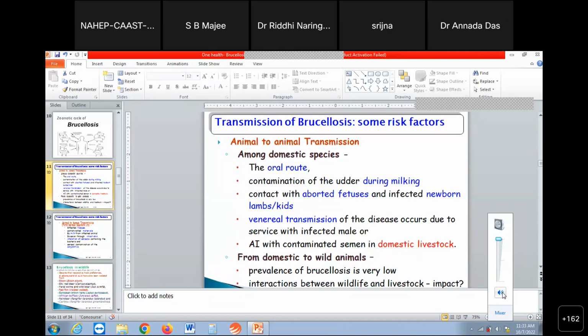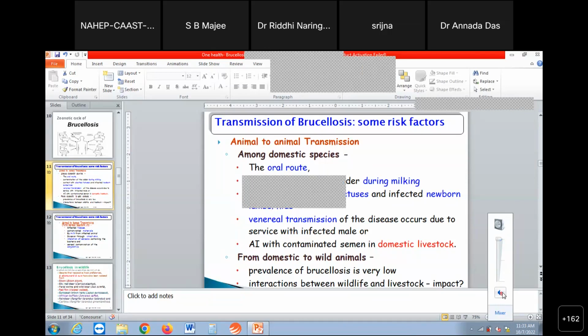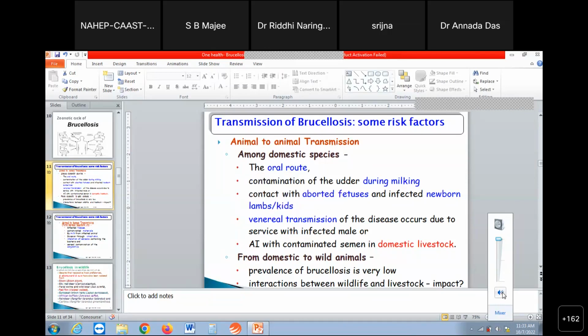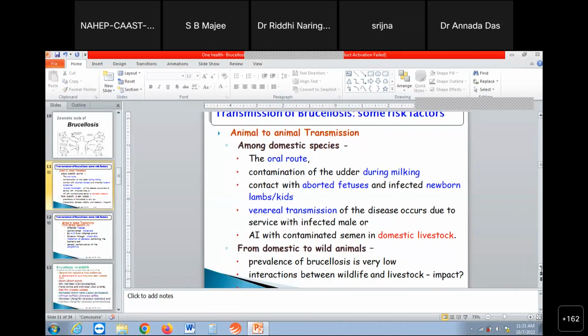And the fourth very important point is about AI, because in cattle we definitely do AI, and that is why semen contaminated with brucella is another very important risk factor. So these are very important risk factors as far as the transmission is concerned. The next one is very important, that is from domestic to wild animals.